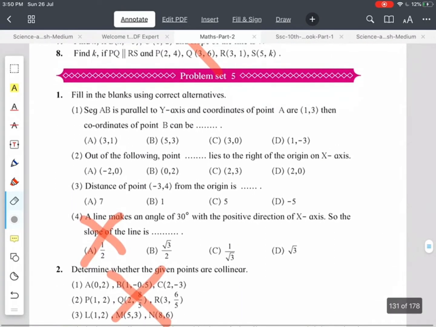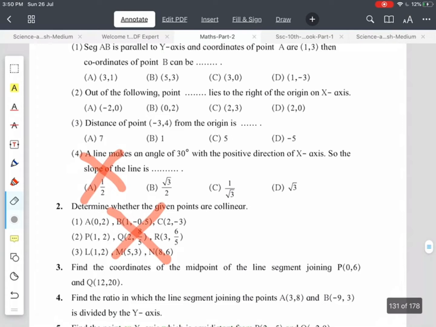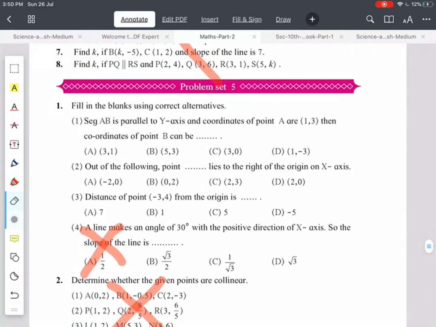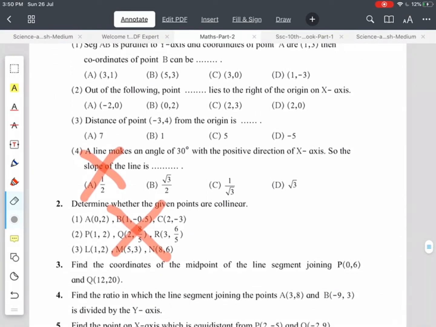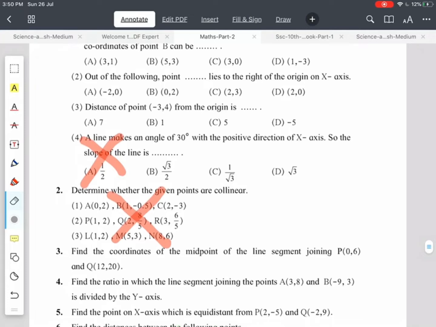In problem set 5, question number 1, the fourth sub-question is omitted because it is based on slope. Questions 2 and 3, if solved by the slope method, are also omitted, but you can solve these by the distance formula.